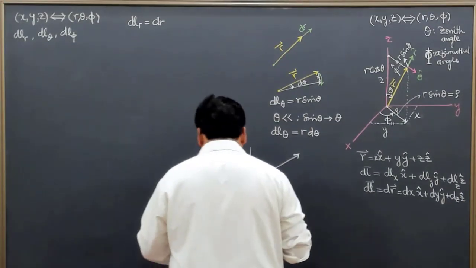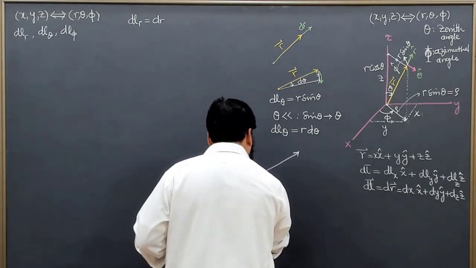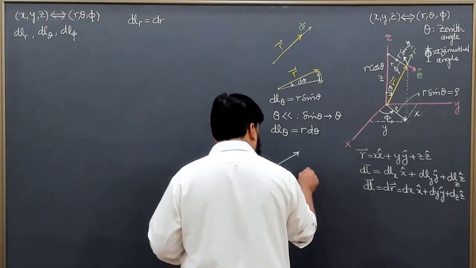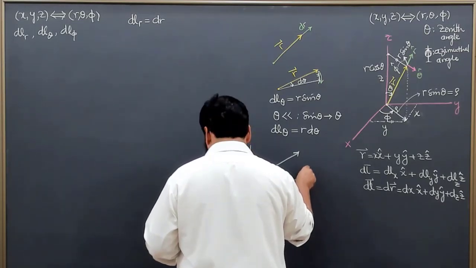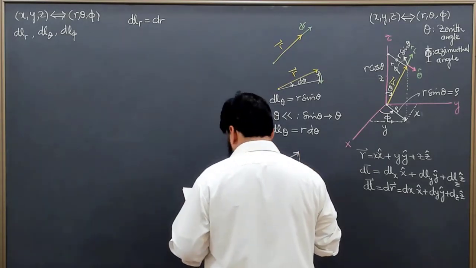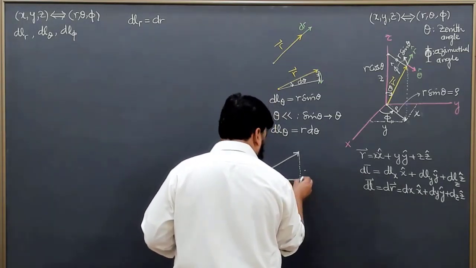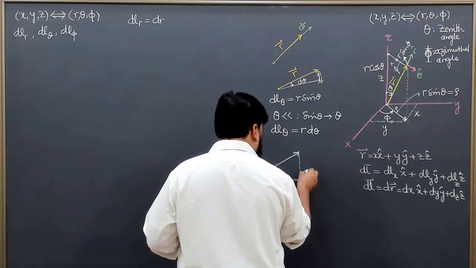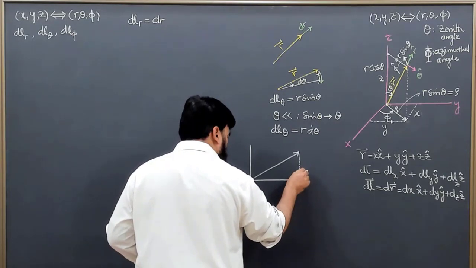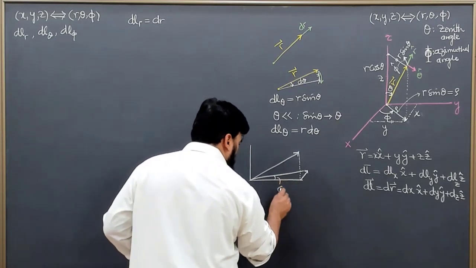So we have this line and another line a little bit away from this one. This angle that is covered is equal to d phi.